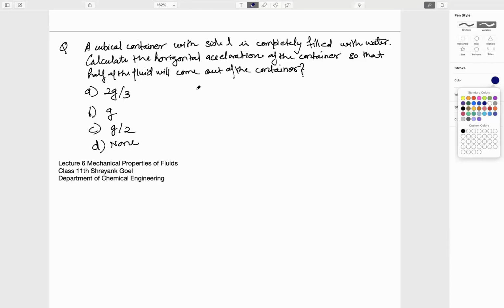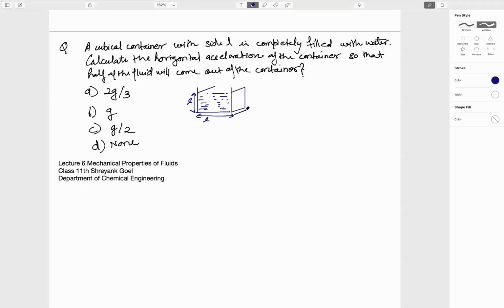So we have a cubical container that, at t equals 0, is filled with water, let's say. So the side is L. This is L, this is L, and this is L. This is one side. So that's a cubical container.